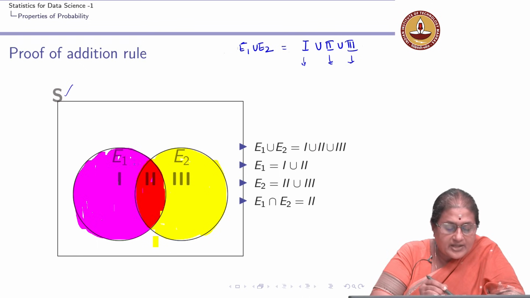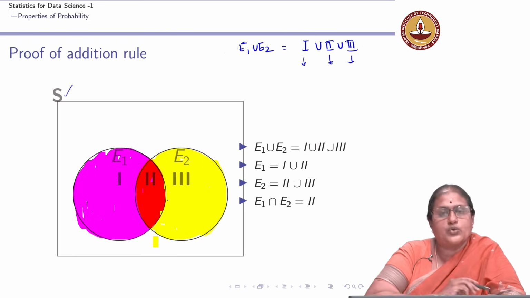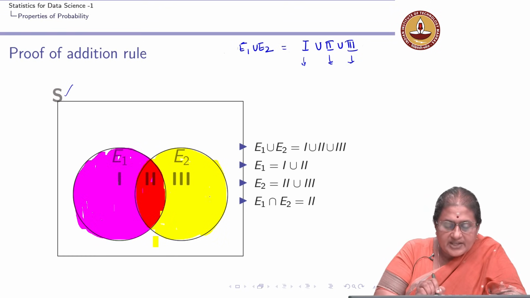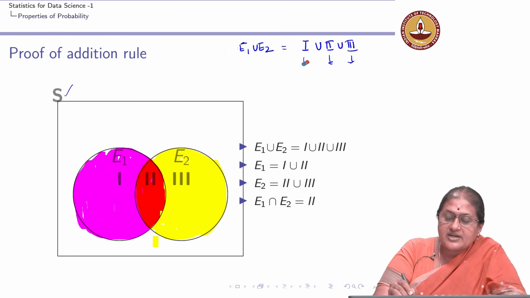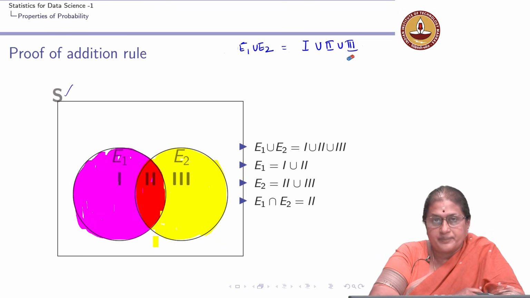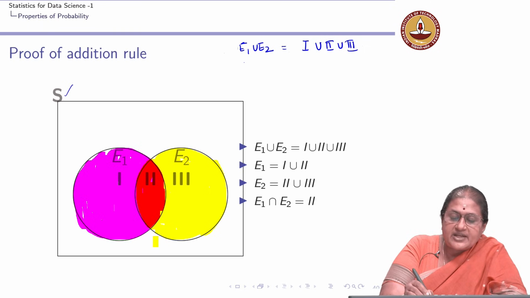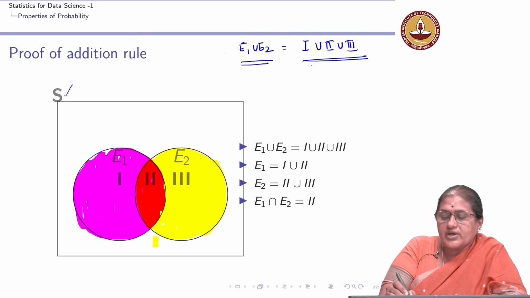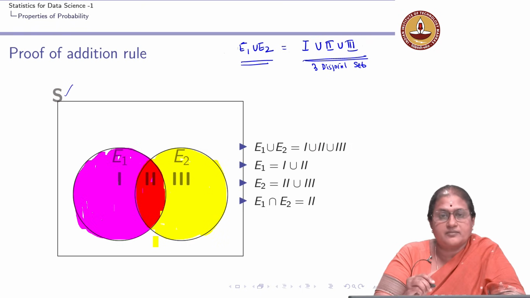I do not have anything common between 1 and 2. I do not have anything common between 2 and 3, and I can see that E1 union E2 can be represented as 1 union 2 union 3. In other words, I am representing the union of E1 and E2 as the union of 3 disjoint sets.